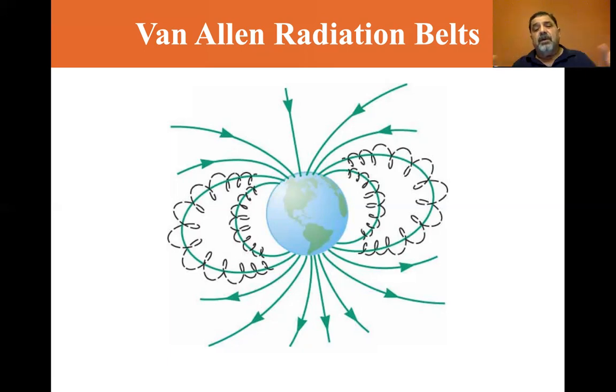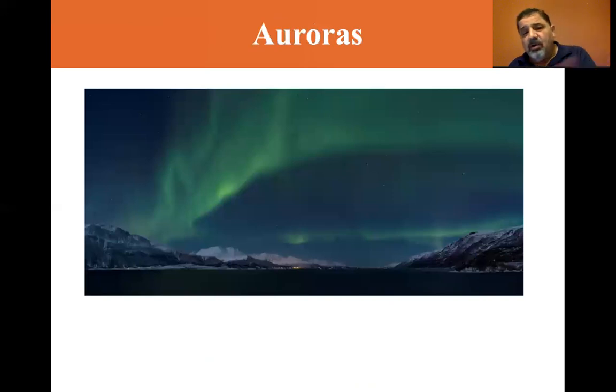So these particles get trapped by the magnetic field, and they end up going to either of the poles, and they end up colliding with atoms in the atmosphere, and that causes our auroras. You have the aurora borealis in the north, and you have the aurora australis in the south, and this is what causes them. You have these energetic particles coming from the sun, and sometimes coming from distant stars.